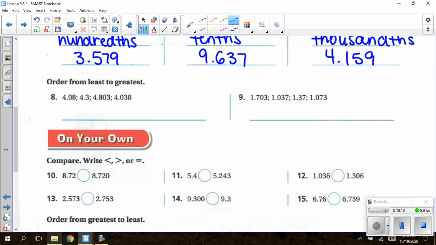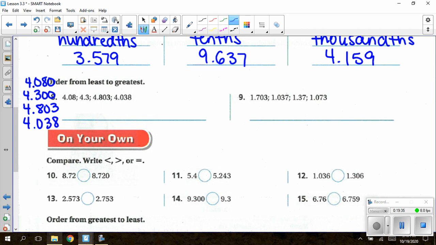So when I stack these, I am going to add my zeros as my place value holders. So for the first number, I have 4 and 80 thousandths, then 4 and 300 thousandths, then 4 and 803 thousandths, and finally 4 and 38 thousandths.